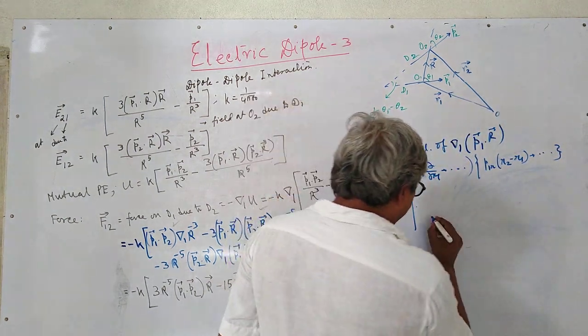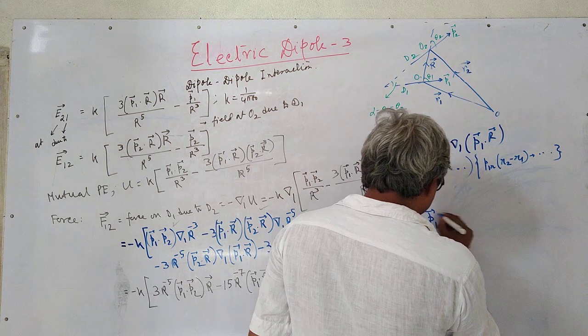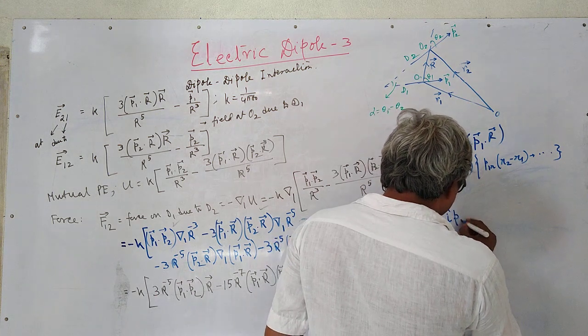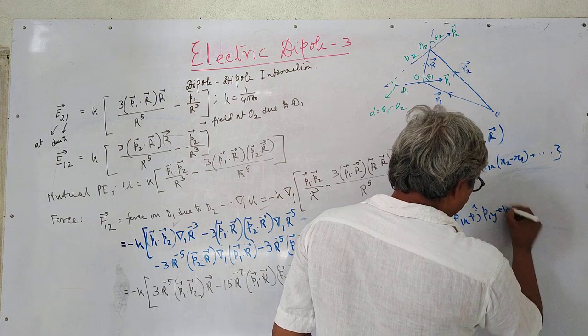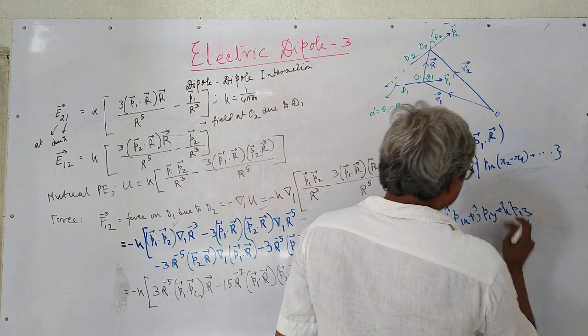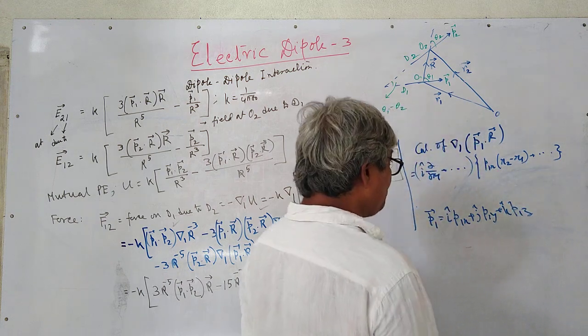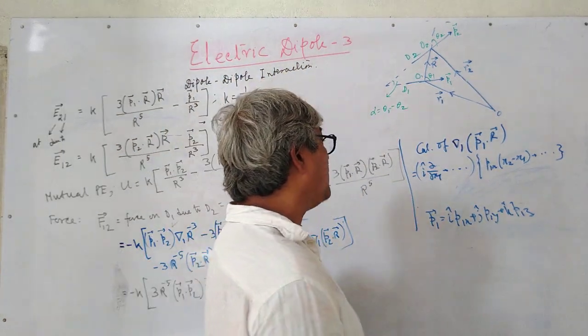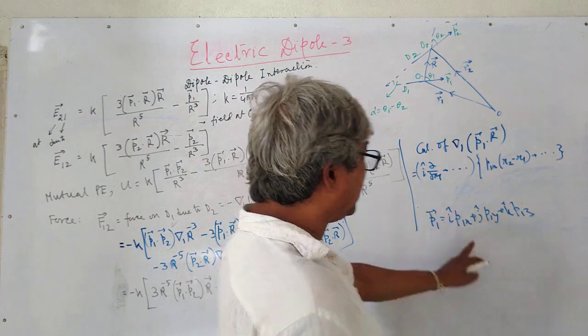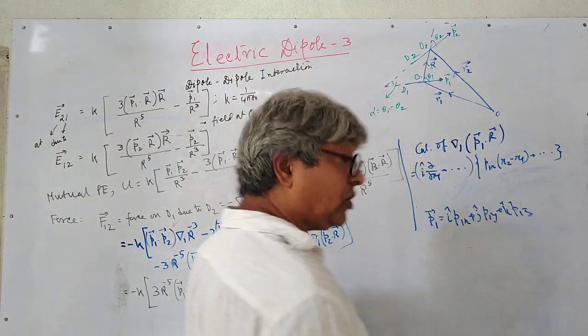Here P1 vector has been written as I cap P1x plus j cap P1y plus k cap P1z. So this is the x component. And furthermore, the dipoles are assumed to have constant dipole moment. So P1x, P1y, P1z are constants.